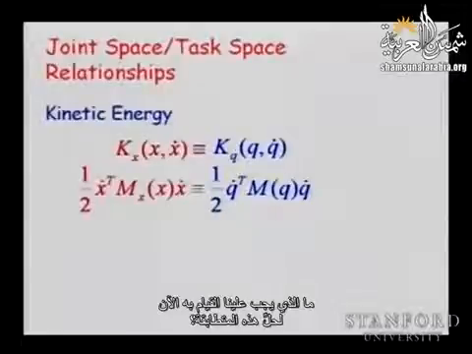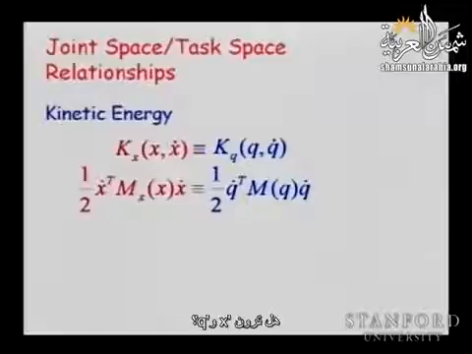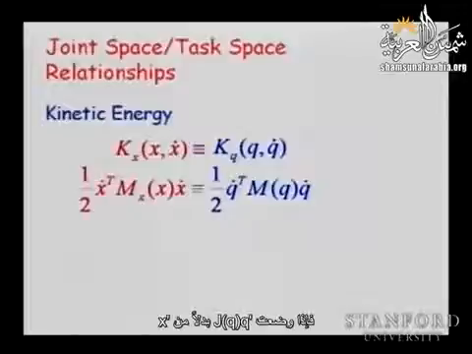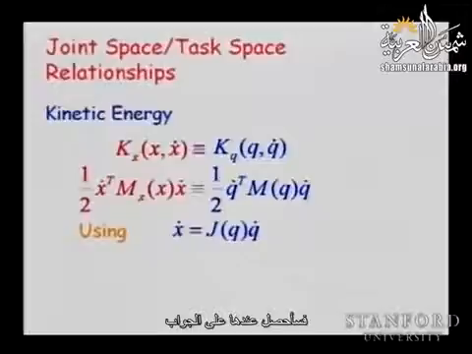What should we do now to resolve it? You see this x dot and q dot? What is the relationship between the two? The Jacobian. So if I substitute x dot with J q dot, we have the answer.